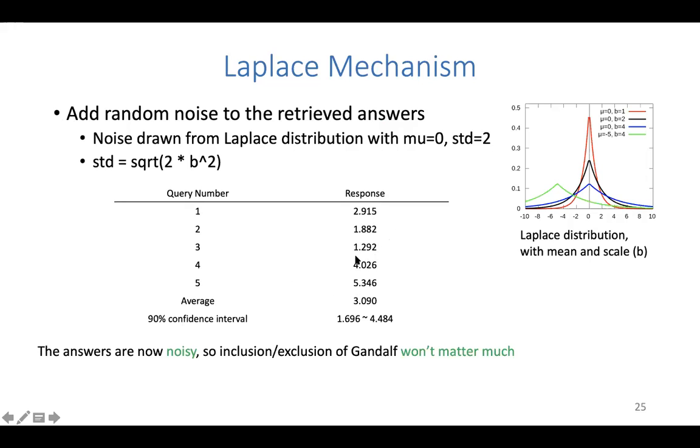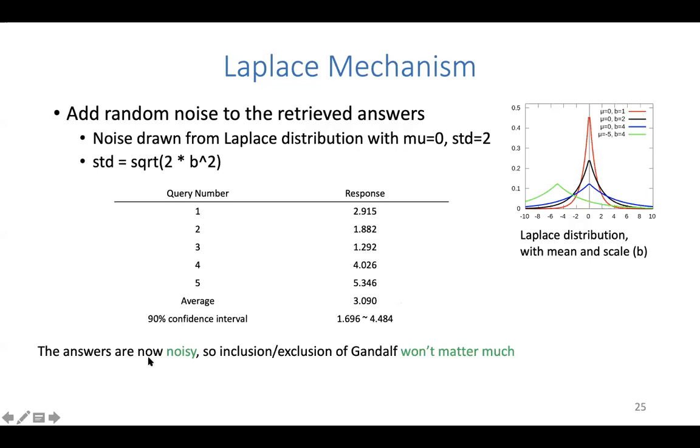So by looking at a single query, it is noisy now. The analyst cannot tell the exact number of people who have bad credit ratings. The analyst can simply estimate it could be around this value. The average is still 3, so making multiple queries will give you a pretty good estimate.